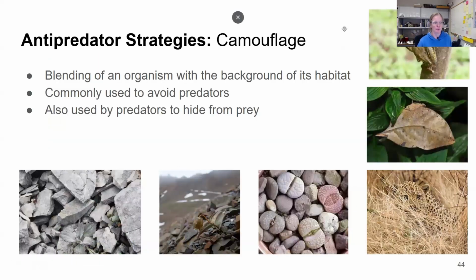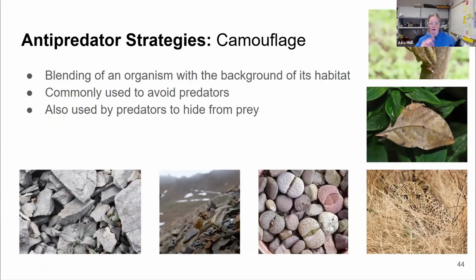Another strategy that we might employ is to hide. Camouflage is where we see the prey species, or even predator species, like we see down here, blend into their background. We can even see this in plants in extreme environments where there's a lot of disturbance, with shale that can landslide.